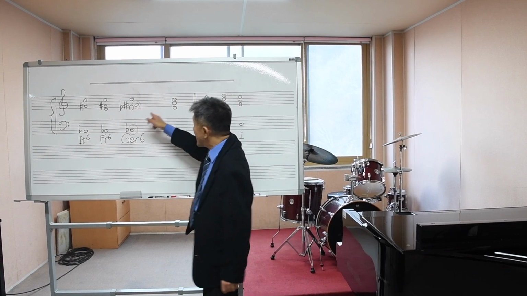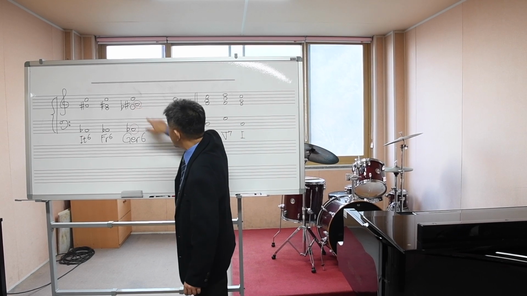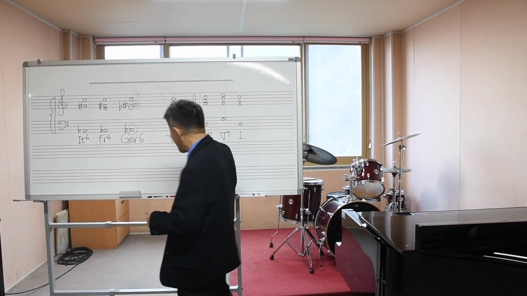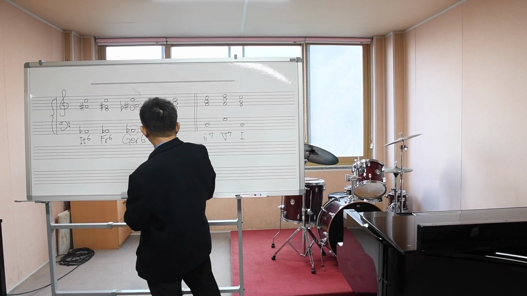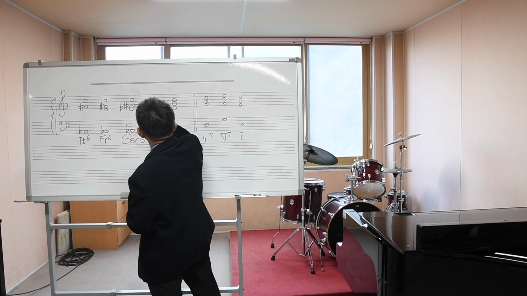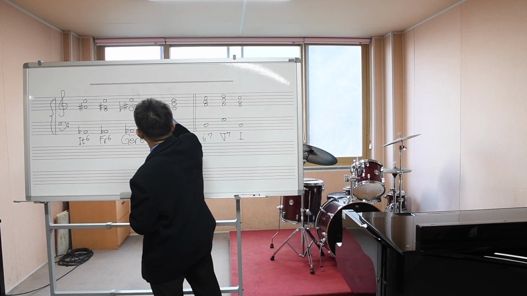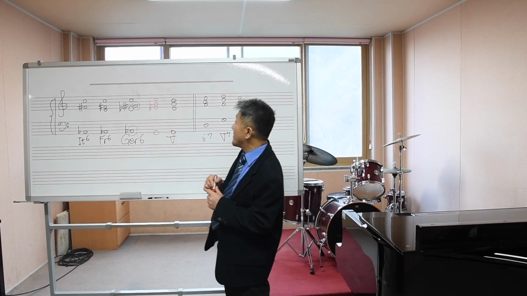Now, to avoid this parallel motion, in the case of the German sixth, you can place the second inversion of the tonic.